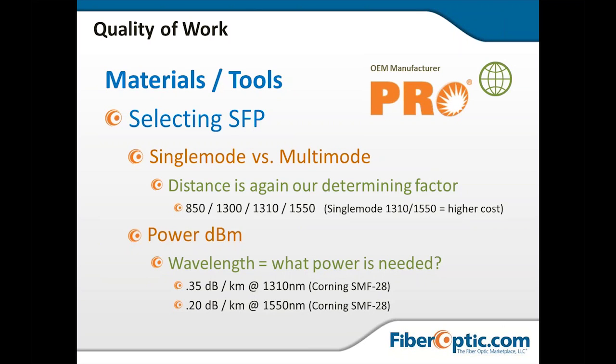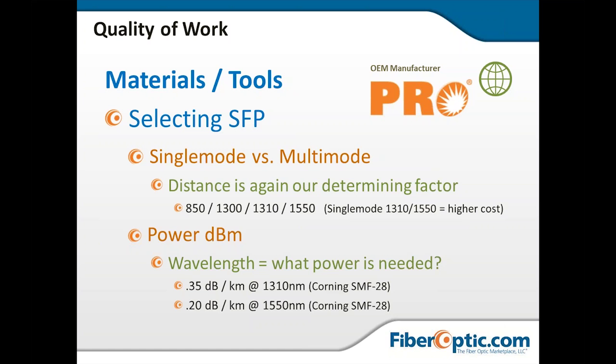Well, that's the fiber, but you need to match your fiber up with the appropriate transceivers as well. So the 850 and 1300 distance, again, is a determining factor. The 850 and 1300 multi-modes are going to be less expensive than the 1310 and 1550. They're going to come at a little bit higher cost. But when you look back at those distance charts that we showed you earlier, you're going to get substantial performance advantages over the multi-mode fiber.